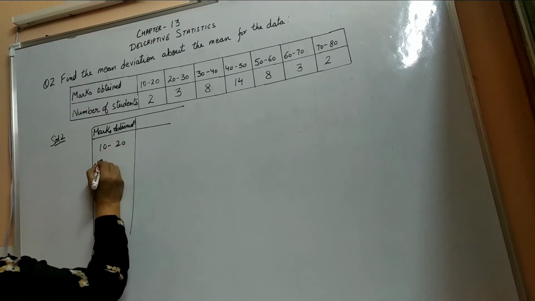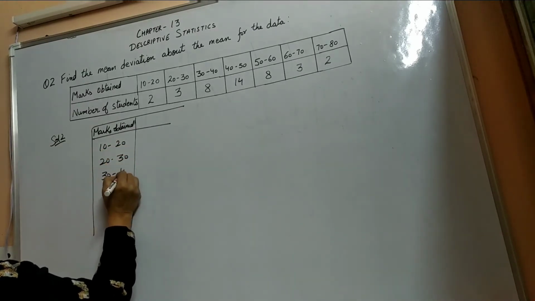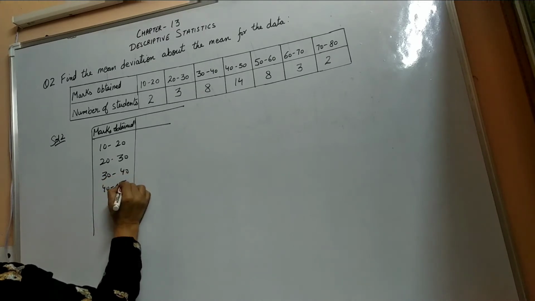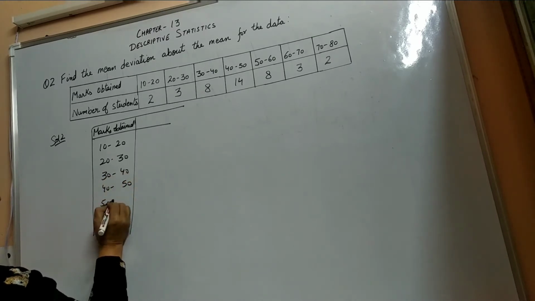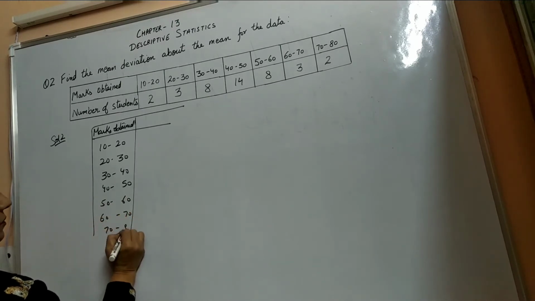The classes are 10 to 20, 20 to 30, 30 to 40, 40 to 50, 50 to 60, 60 to 70 and 70 to 80.